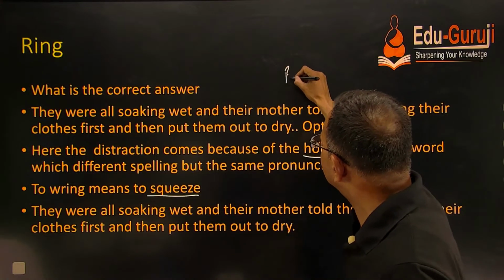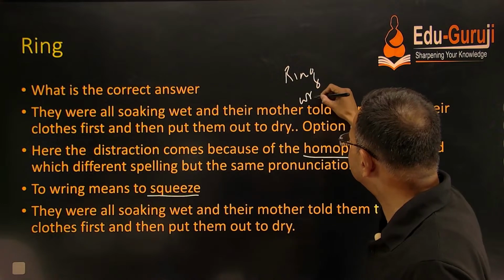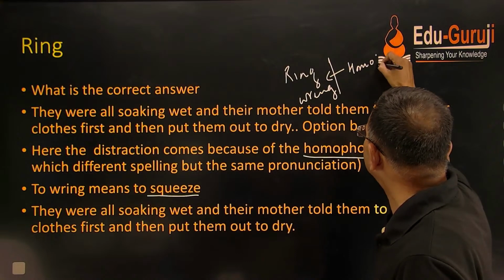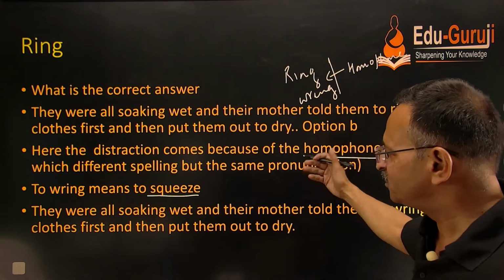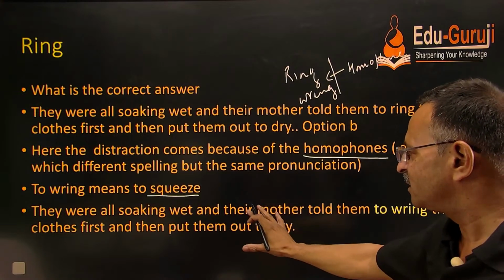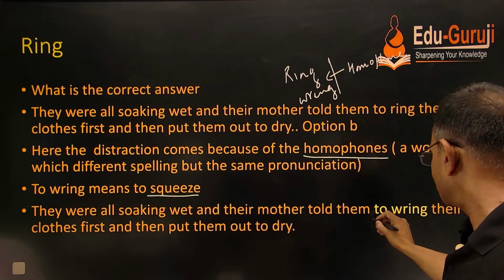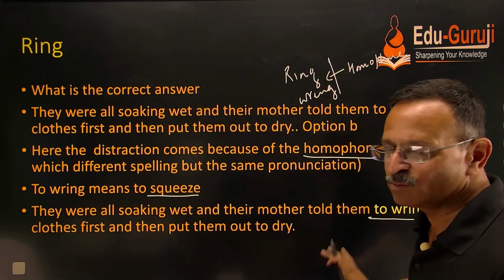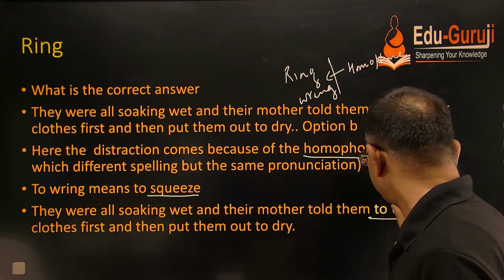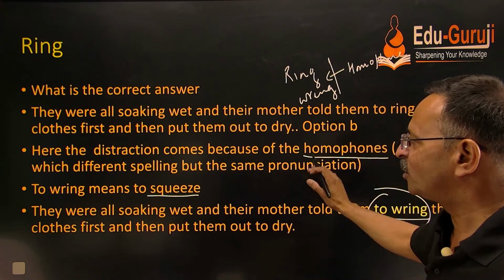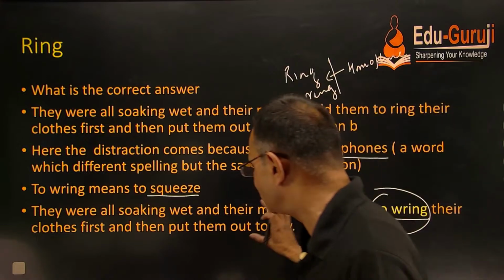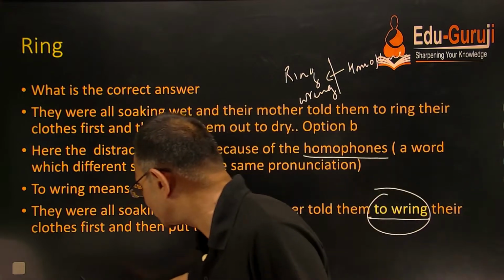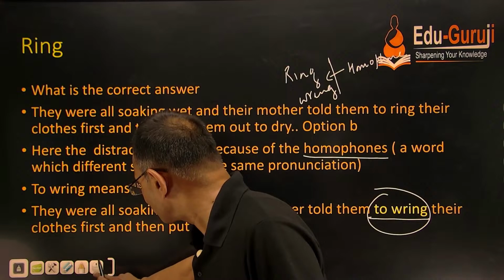So you have a ring and you can use it as a ring and wring. We can call them homophones because they are pronounced the same. So if we put wring here, it makes sense. That is how the correct answer would be to wring their clothes. So option B is the correct one.